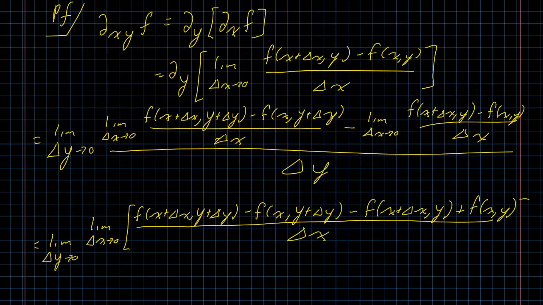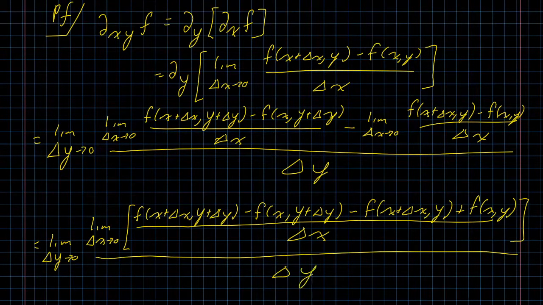And then we have two fractions, and we can combine those fractions together, just being careful with our signs because we have a subtraction here. So it's minus f of x plus delta x, y, and then minus a minus is plus f of x, y.